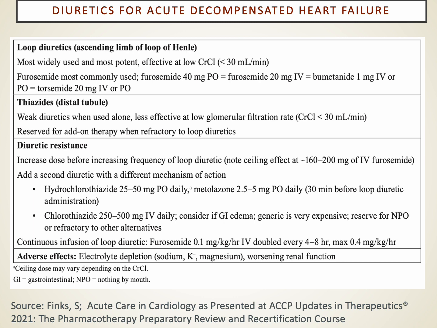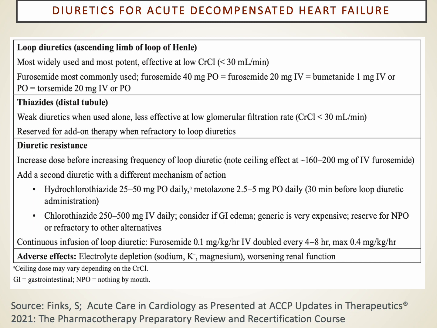And so if you want to double their furosemide diuretic and they're on 40 milligrams twice a day of oral furosemide, then you're going to double that dose by putting them on 40 milligrams IV furosemide when you bring them in the hospital. If you're going to keep them on the same dose, then it's 40 oral equals about 20 IV. Okay, so you're kind of watching that. That'll become more familiar to you when you're in practice and doing it.